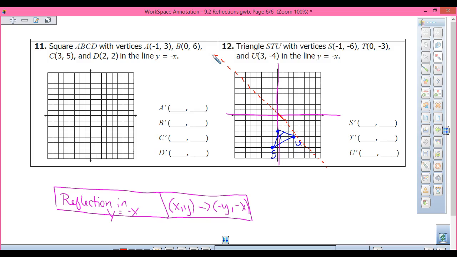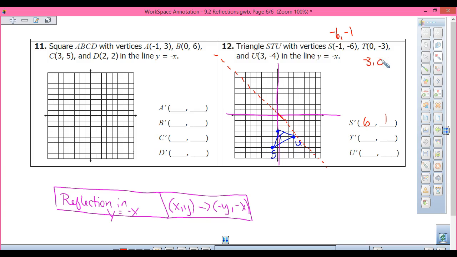Okay, so if we flip these, I've got -6, -1, right? But I have to make them both negative so they become +6, +1. If I flip these, I've got -3, 0.